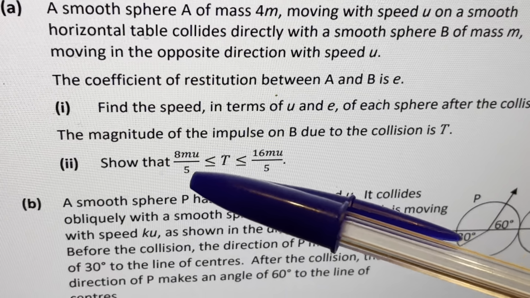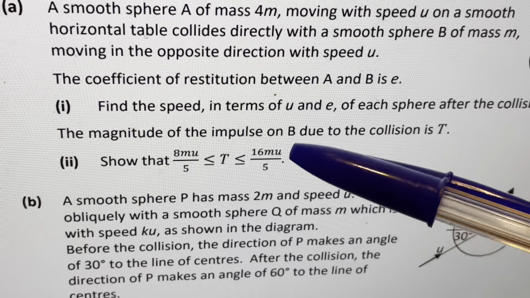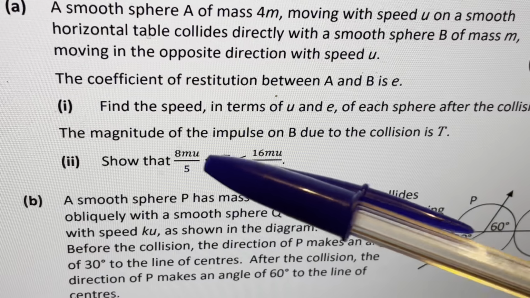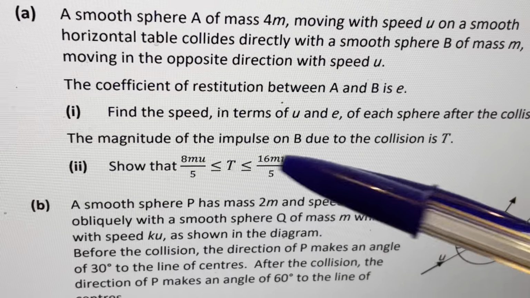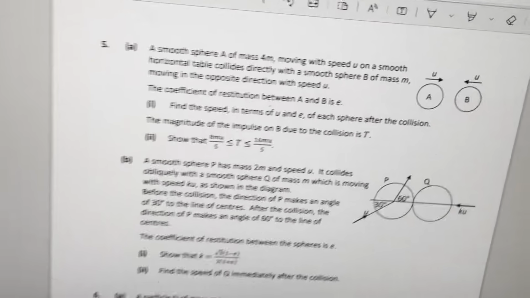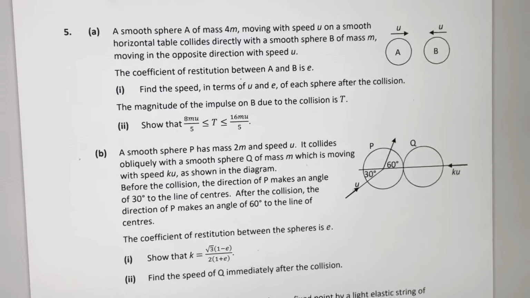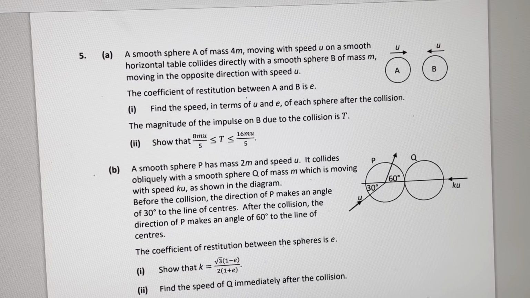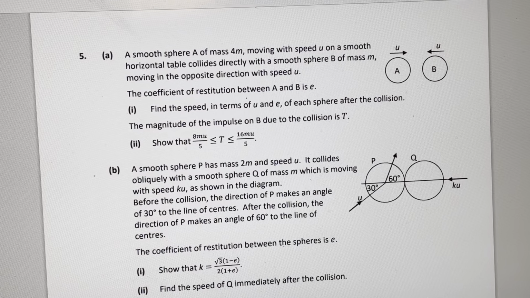So the impulse is bounded between those values, interestingly by factors that are twice each other. That was a little bit tricky. I'm not used to doing the impulse figures, subtracting the momenta after and before, but it came out all right, thankfully.